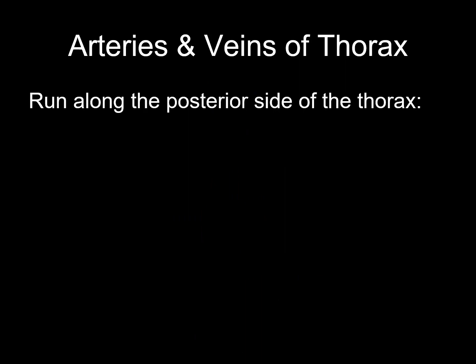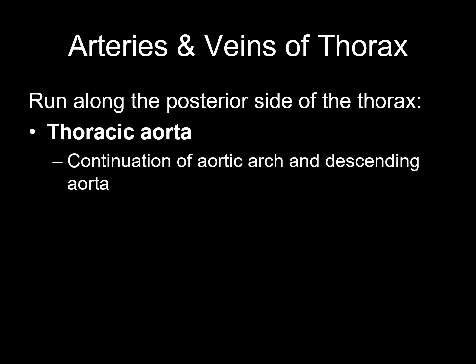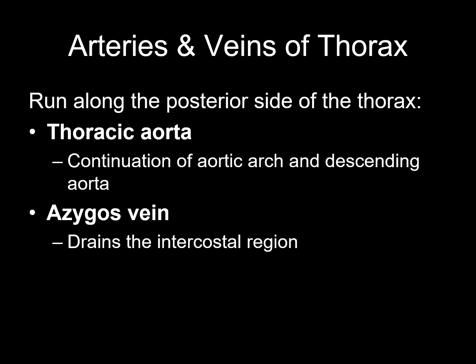Now, if we look at the arteries and the veins of the thorax, they're all going to run along the spine on the posterior side of the thorax. So the thoracic aorta, we already said, is the continuation of that descending aorta after the aortic arch, and it's going to throw off some branches to the thoracic cavity.